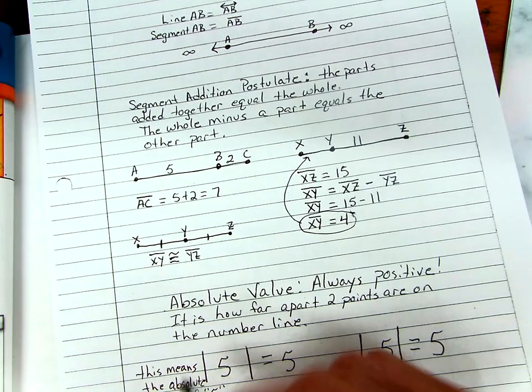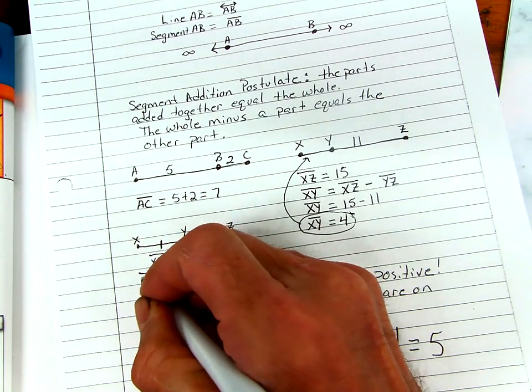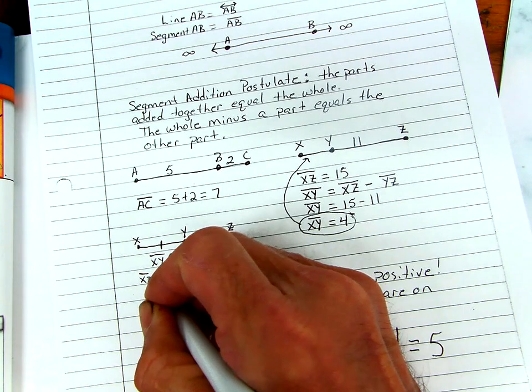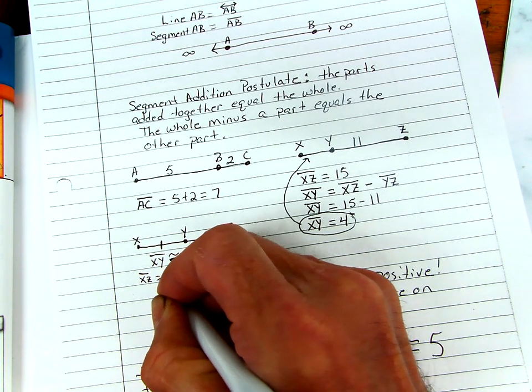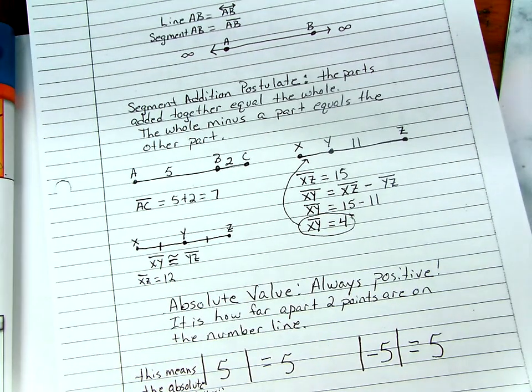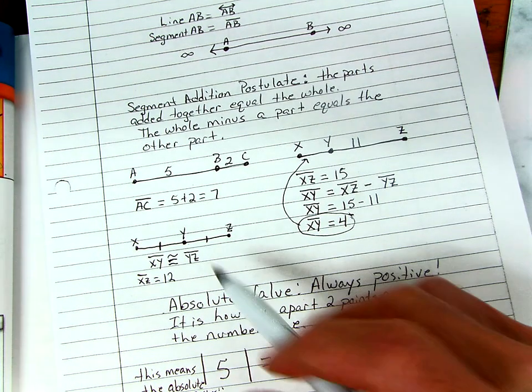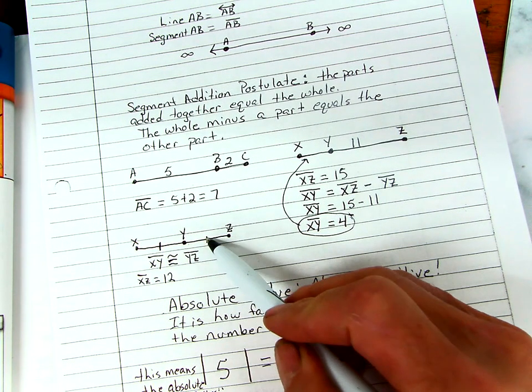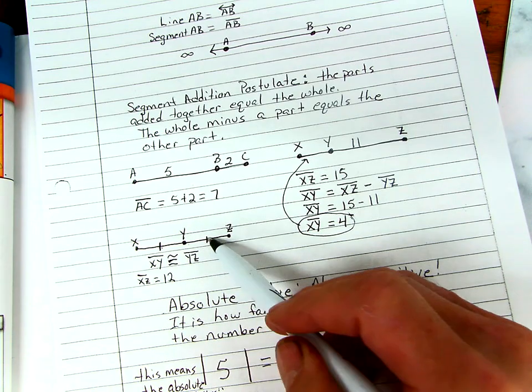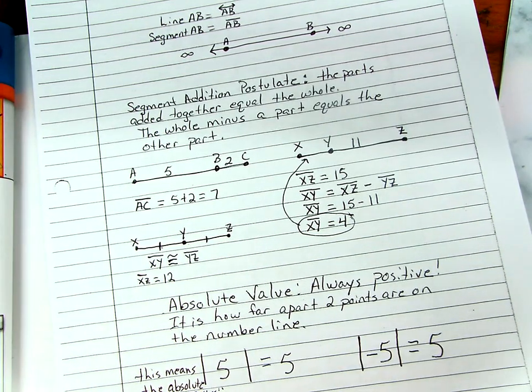Now, how does that help us? If I know that segment XZ, the whole thing, equals 12, segment XZ is made up of these two congruent pieces. Two pieces that are the same.